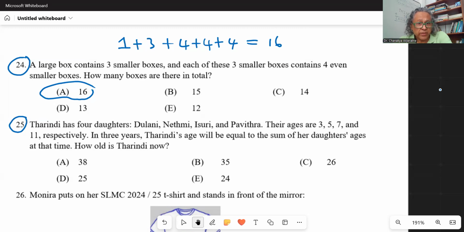Now, Tarindi is the mother, right? Now, the mother is going to be the same age as the sum of the ages of the 3 daughters in 3 years' time. So when you add 3 to each one's age, actually I wrote this not in the usual way, usually it is written like this, right?